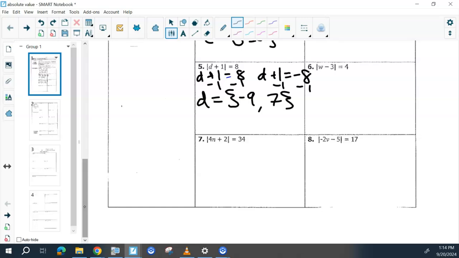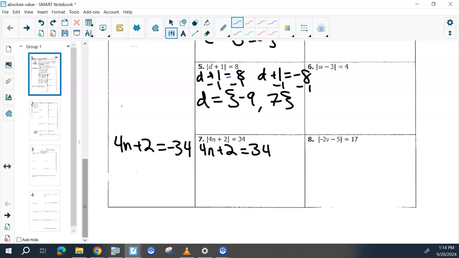We don't have anything outside the absolute value, so we can go ahead and drop it and set it equal to both a positive and a negative 34. If you forget to set it equal to a negative, you have now lost half of your answer and half of your work. So make sure you do that at the beginning.